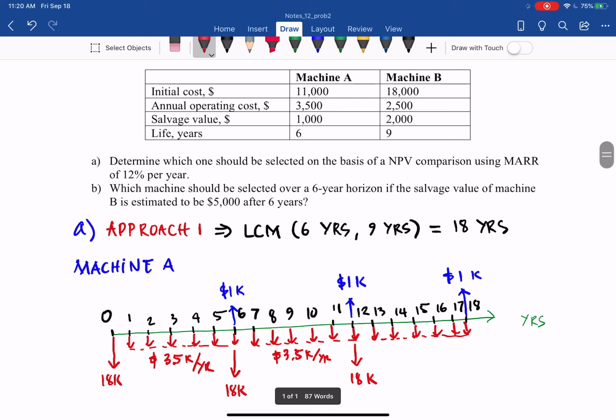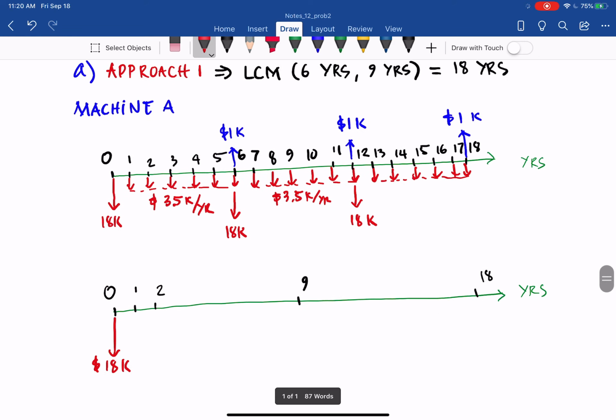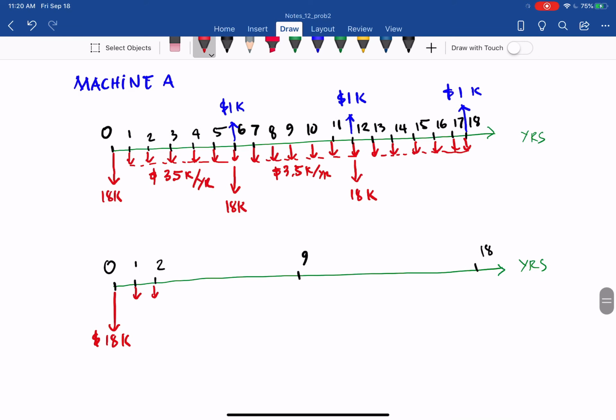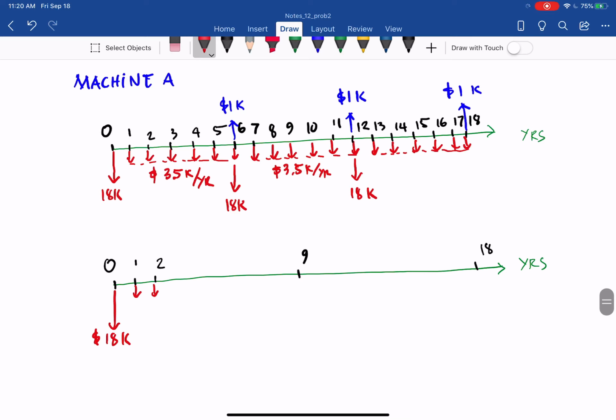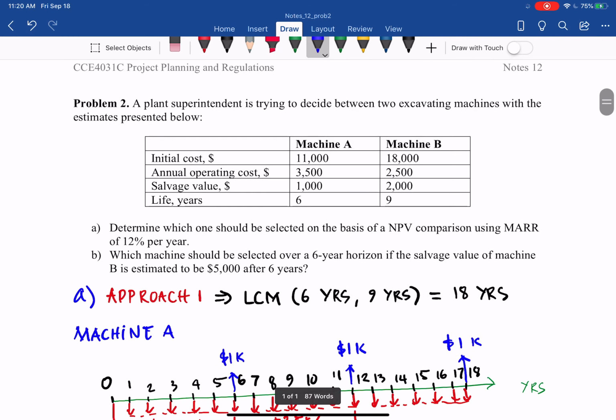Annual cost 3,500. So let's put down 3, 4, 5, 6, 7, 8. At the end, I resell for the service value 2,000.